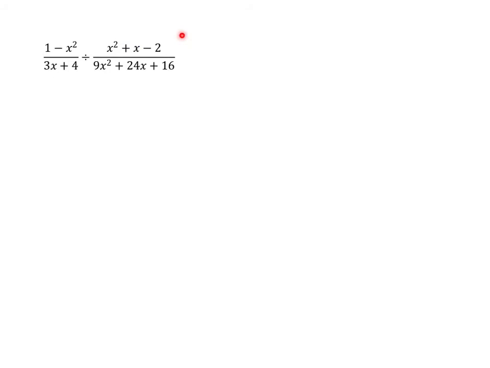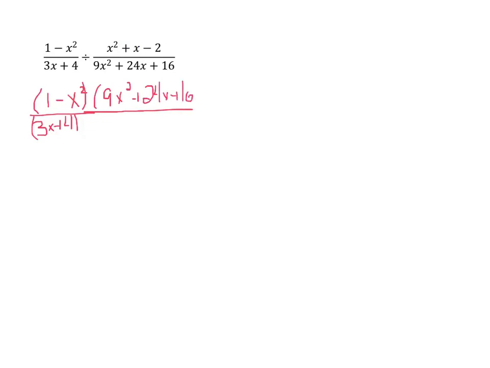So that would be written 1 minus x squared over 3x plus 4 times 9x squared plus 24x plus 16 over x squared plus x minus 2.